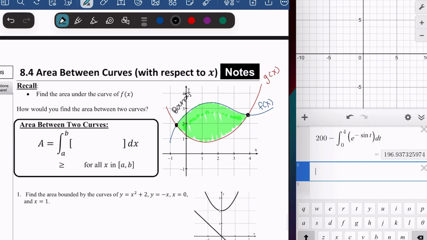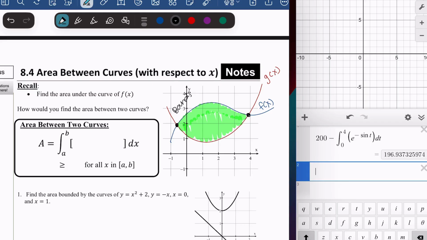So putting this into a formula, this is the integral from a to b, so your bounds where they intersect, of f of x minus g of x dx, where f of x is greater than or equal to g of x for all x in the interval a to b. What this means is that whatever function is on top of the area is going to be our larger function.